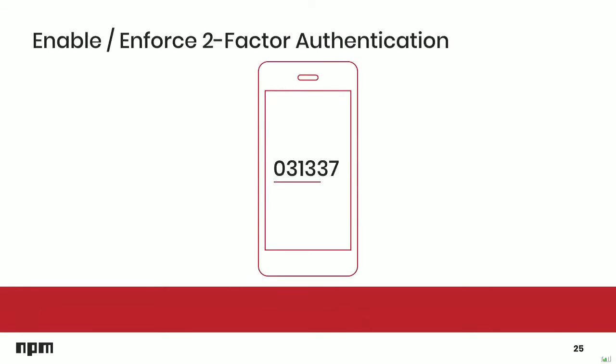The other thing you can do is enable and enforce two-factor authentication, right? If you do happen to leak your token, and we do happen to not reset it somehow, or your password is an easy-to-guess password somehow, two-factor auth adds that additional layer of protection that can lead to fewer compromised accounts. Some facts about 2FA within the NPM ecosystem: roughly 7% of all of our users have two-factor auth enabled.